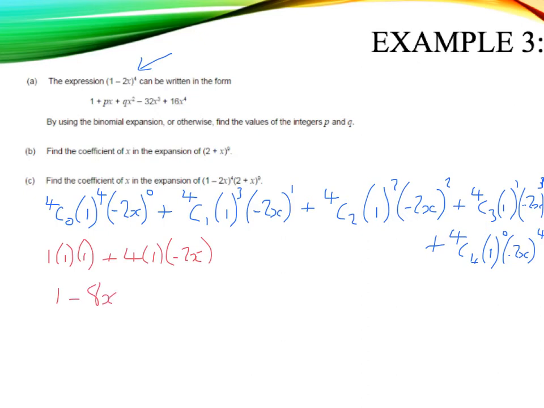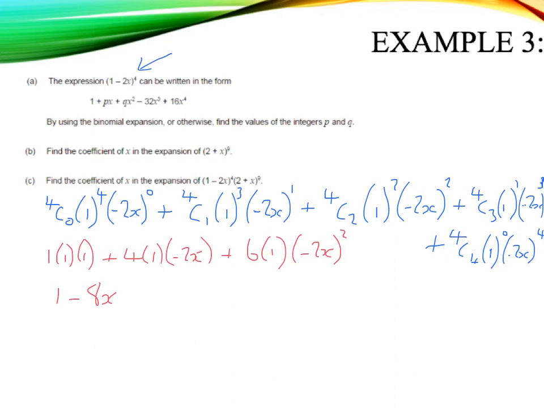Next term, 4C2 is 6. Again, if you want to get these values from your calculator, that's fine, or using Pascal's triangle. Either way, 4C2 is still 6. Multiplied by 1, multiplied by minus 2x all squared.